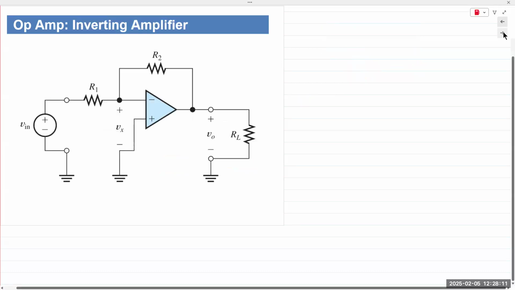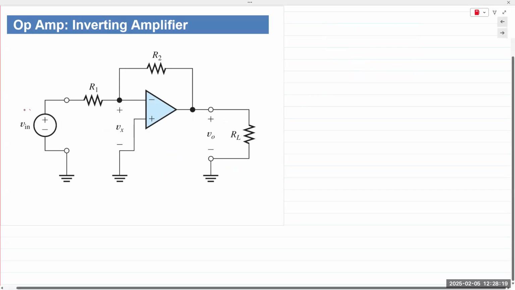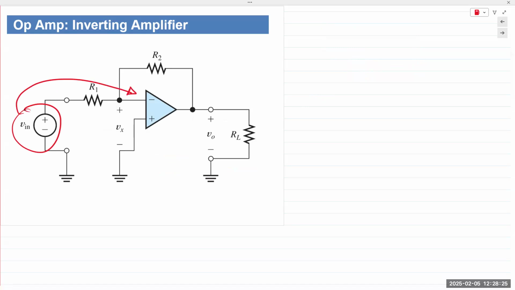All right, inverting amplifier. So we have an op amp. Inverting amplifier means our input is being applied or connected to the inverting terminal. Our output is connected back into the inverting terminal.